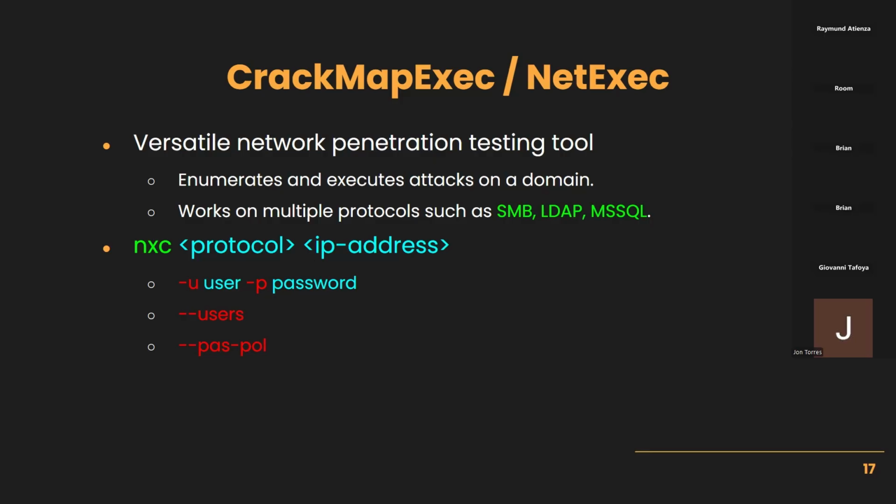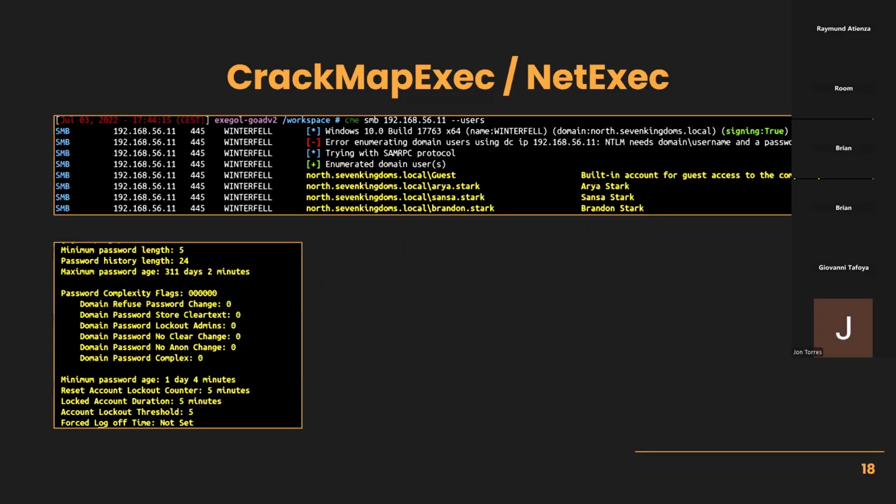But usually you use NetExec to implement these enumeration or attack tactics on various Windows services, such as SMB, LDAP, or SQL Server, as well as other various protocols. So here's an example.